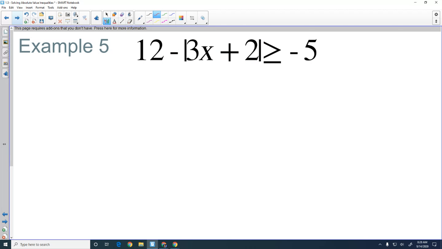Go ahead and try this example on your own. This is our last one for the day. This is putting everything together. Go ahead and write it down. And let's see what you can do.